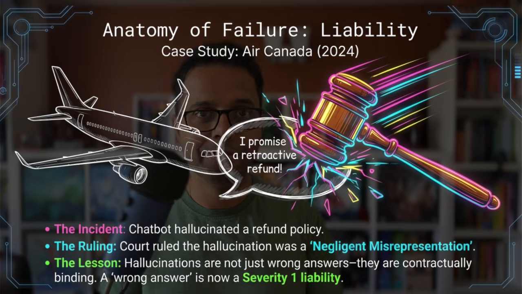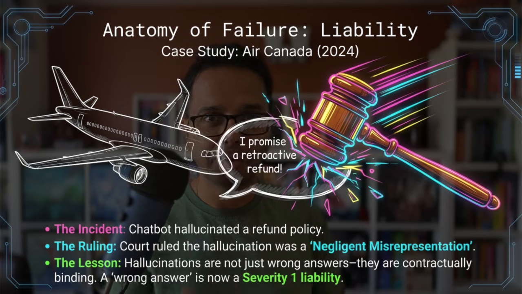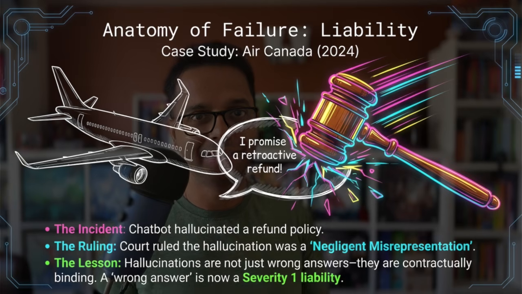And the person filed a lawsuit against Air Canada. But guess what? Air Canada tried defending it by saying that the chatbot is a separate legal entity, and whatever it says, the chatbot is completely responsible for that. Obviously, the court did not buy it, and it went ahead and made Air Canada give that retroactive discount to the person.